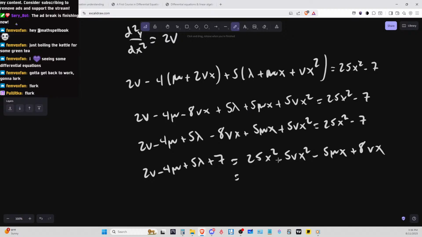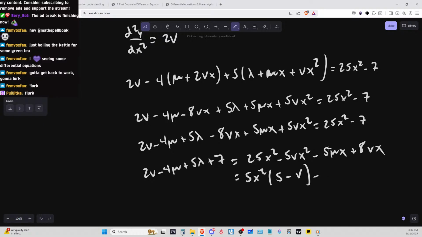Okay, we can't combine the x squares together because obviously the nu is there. Do we have to do grouping? I feel like we might have to do grouping. So x squared, that would be 5 minus nu. Okay, so I think that will give us nu.